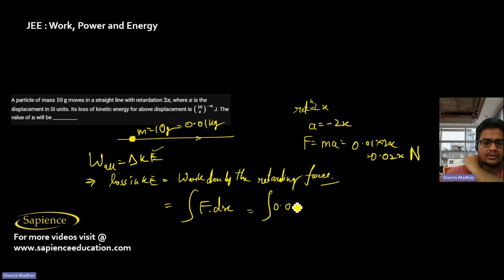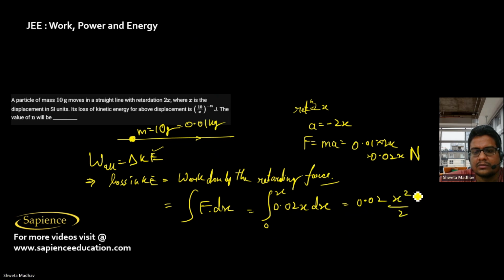It is 0.02 x dx from 0 to x. So this will be 0.02 into x square by 2, going from 0 to x.